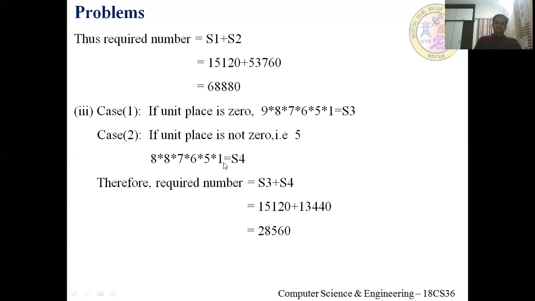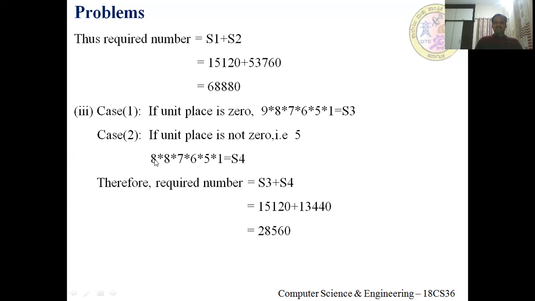Out of that, one of the unit place is fixed here. Having filled the unit place, the first position can be filled in 8 different ways because here no leading zeros. Zero should not appear here. If zero is gone as well as the 5 is gone, then the remaining digits left out for me is 8.